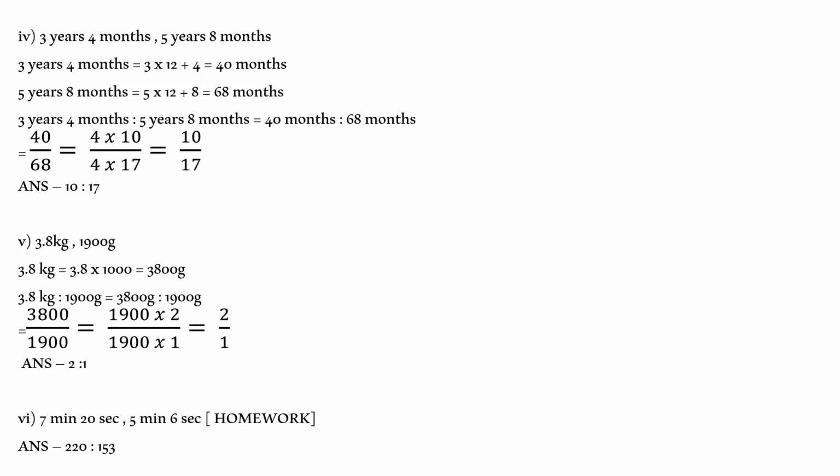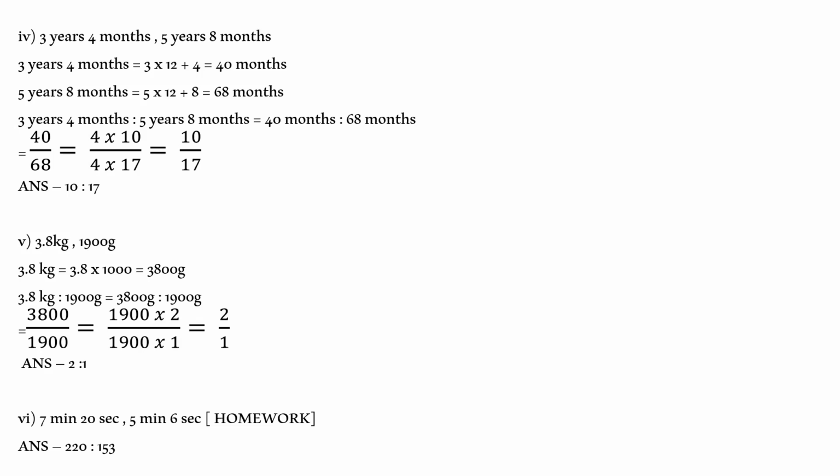The fifth question. It is 3.8 kilograms, 1900 grams. Here again, we have to convert both the quantities in the same unit. So 1 kg is equal to 1000 grams. Therefore, 3.8 kg is equal to 3.8 into 1000, which is equal to 3800 grams.